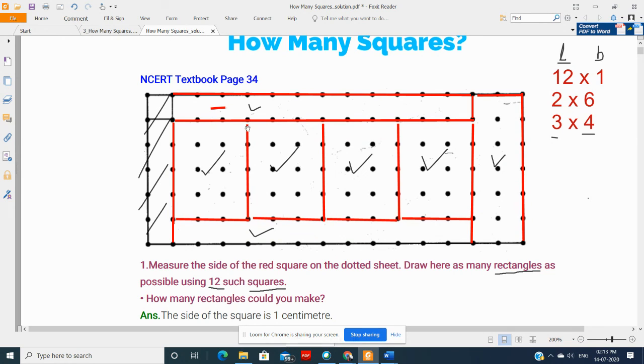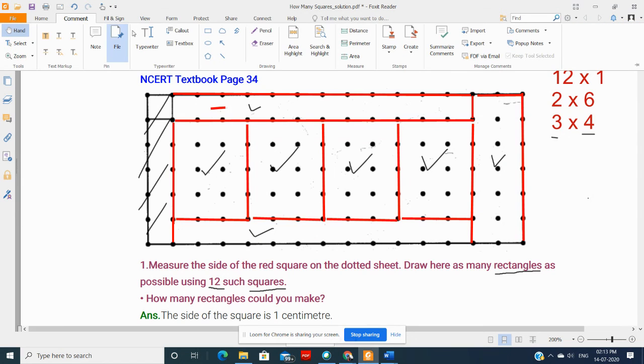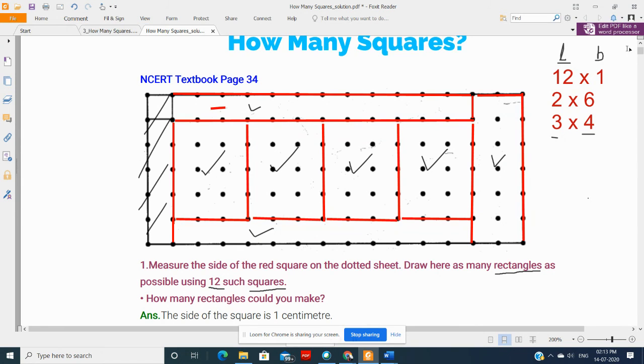12 and 1, I'll give you. How many boxes did I get from 12 and 1? I got 2 boxes. See, this one and this one, right?